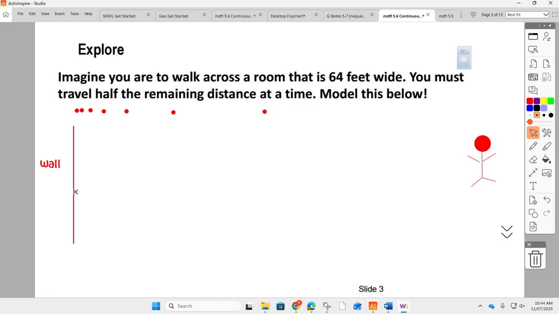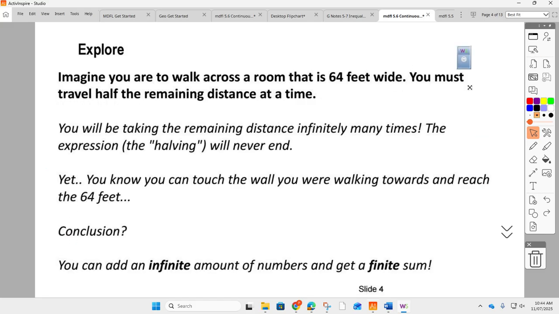Am I ever going to get to the wall? Never going to get to the wall. We could touch the wall. We'd be sitting right on top of the wall practically, but in theory, you would never get there. A real mind blower.